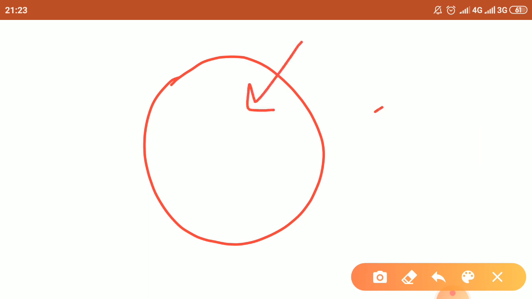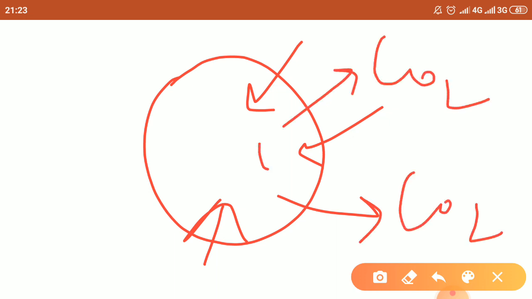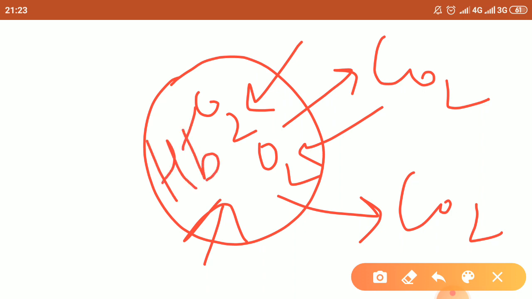So carbon dioxide will move out of the cell. Fine. And oxygen will come inside the cell. When the oxygen enters the cell, it is bound by the hemoglobin and transported to the whole body via blood. Let me explain you once more.